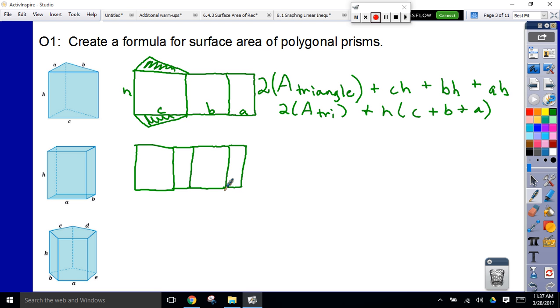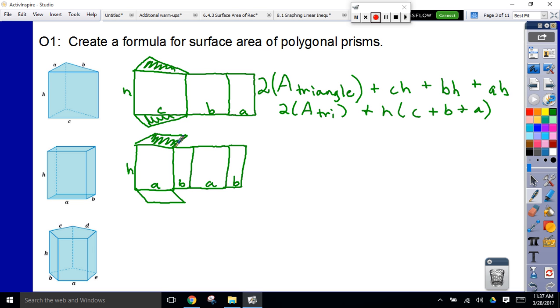So the length of this is A, so here's A. The length of this is B, A, and B, and then this is H. And then up on top, we also have a rectangle. So I'm going to draw these flaps on the top. Okay, not bad. I hate to draw this.